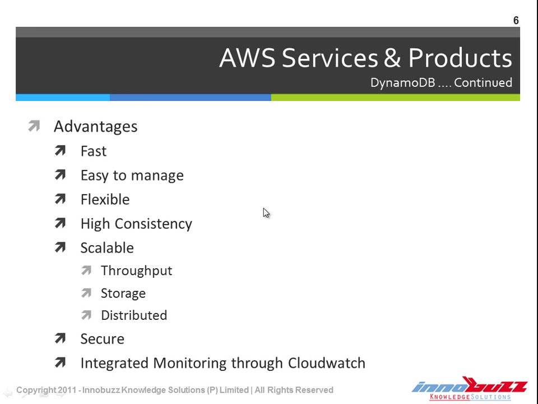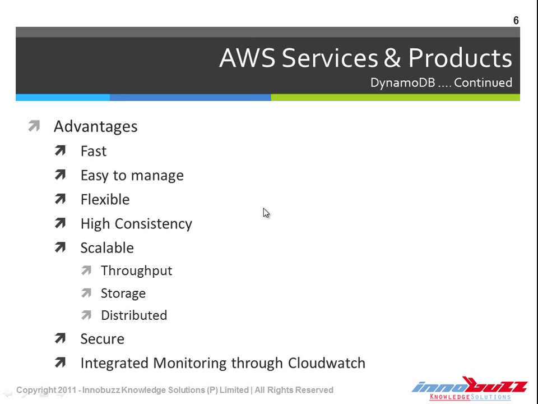So it is fast and it is easy to manage. As we have discussed before, we don't need to care about hardware, patch management and configuration management. Everything will be taken care of by AWS when it comes to DynamoDB.